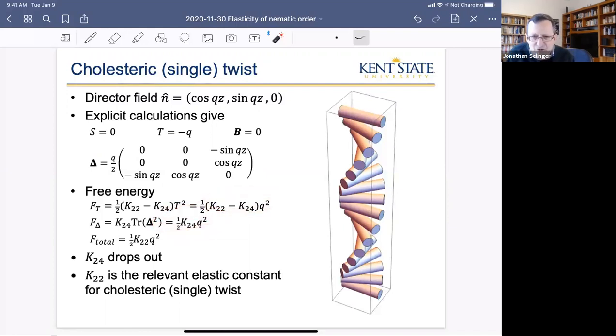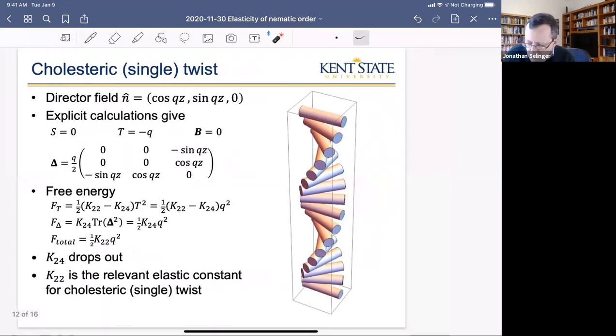So the K24 just perfectly cancels out, and we get something which involves just K22. And so people would say then that K22 by itself is the elastic constant for single twist, even though K22 minus K24 is the elastic constant for double twist.